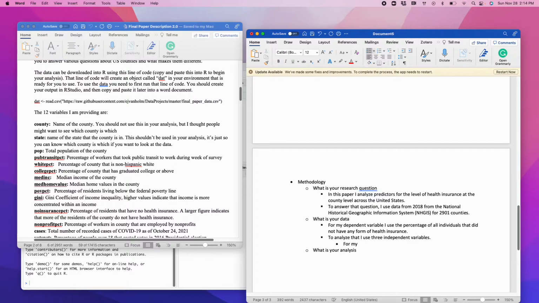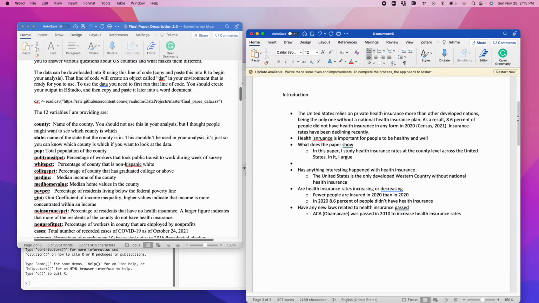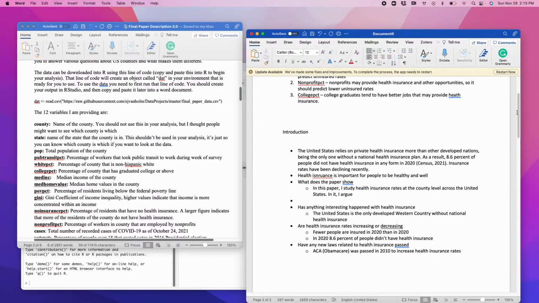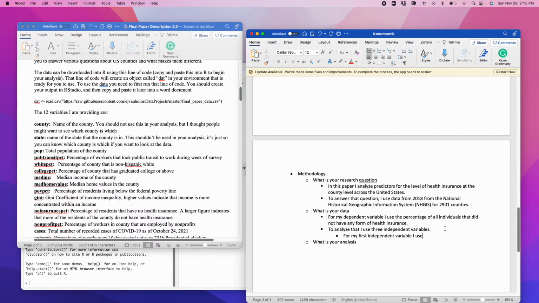For my first, and I'm going to have to remind myself on this, I use poverty, nonprofit percent, and I'm going to have to look back, college. The first is the percentage of residents that are in poverty.